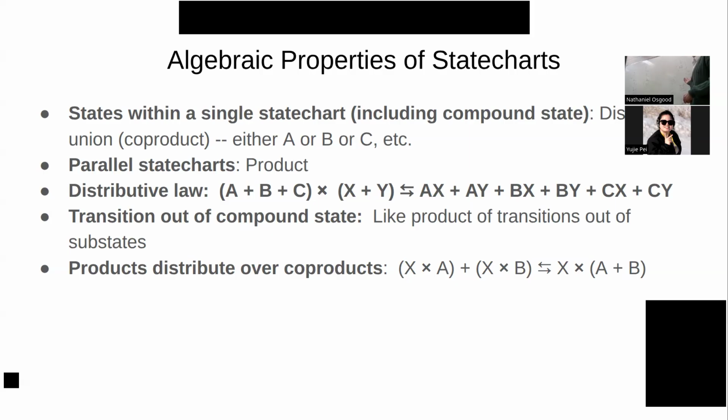Okay, how many states does this have? 6. Where did those come from? Well, Aiden said it first, right? It's all combinations. I think you can appreciate that the structure here reflects at some level this structure.